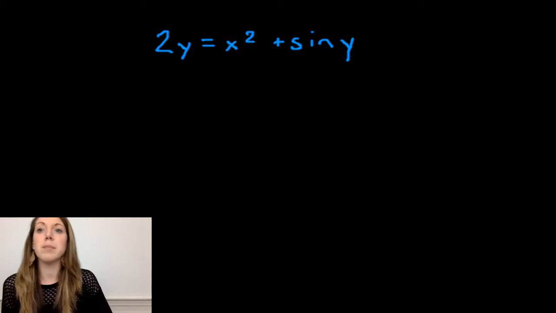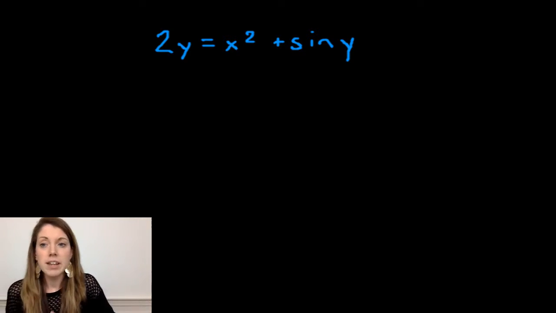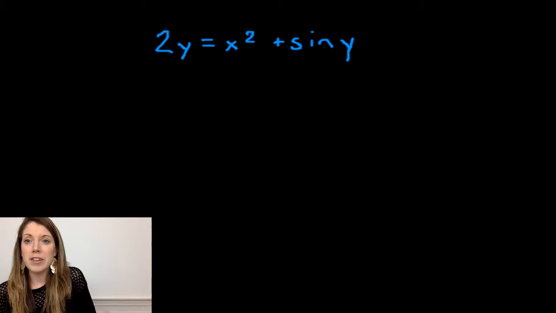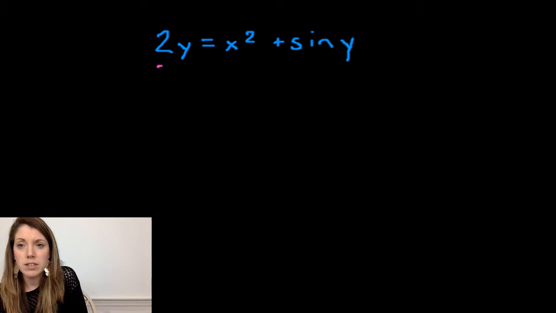So let's use the example I have here. 2y equals x squared plus sine of y. Now, at first, you might look at this and say, oh, this is going to be a really easy one because we're going to derive y. It's not even really a chain rule here. Let me get my pen. We'll do pink because it's nice and bright.